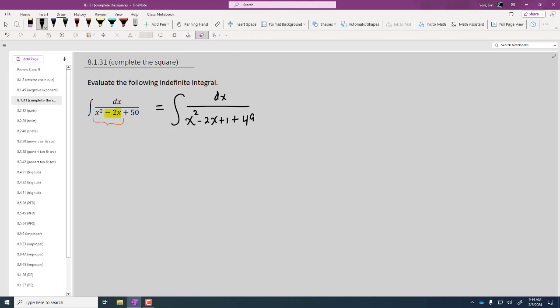The way we typically think of this is just grab a 1 from that constant out on the right. Now we have a perfect square trinomial that can be factored into x minus 1 quantity squared, so we have x minus 1 quantity squared plus 49.